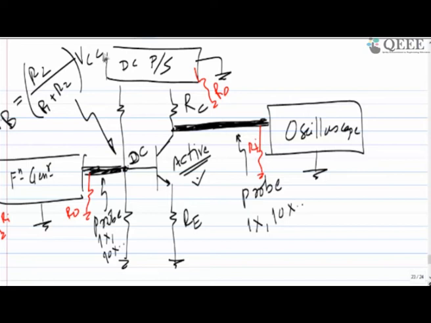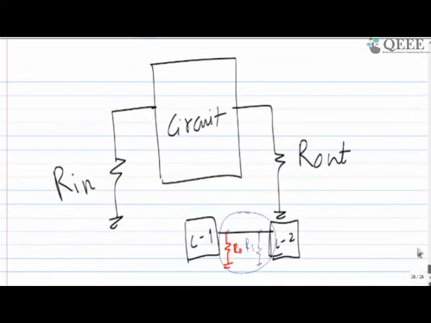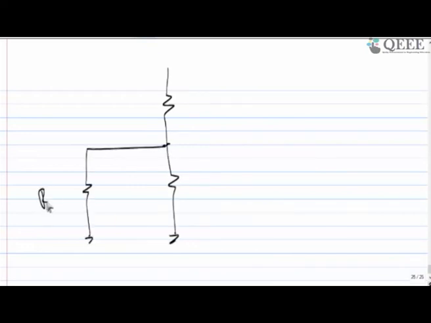We expected that, but the problem is, just looking at the circuit, the R out of the function generator, and you have connected VCC over here. Forget about the other circuit.